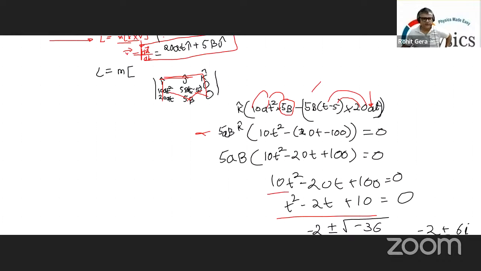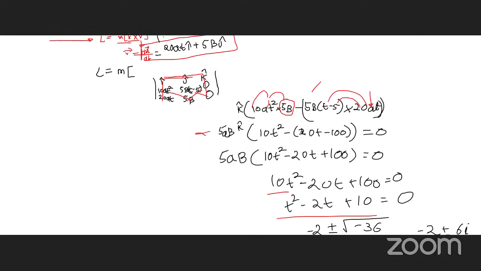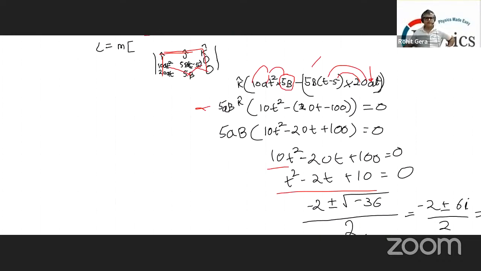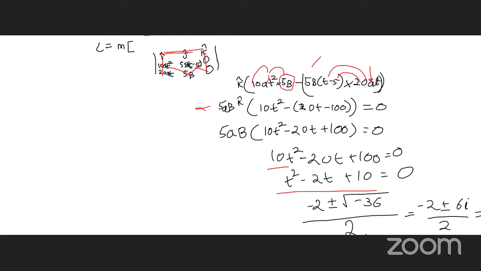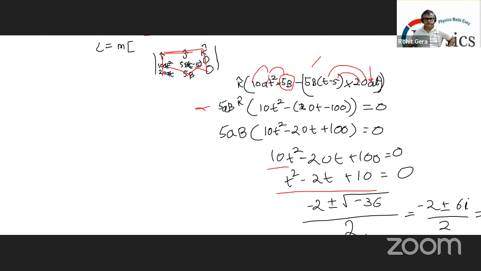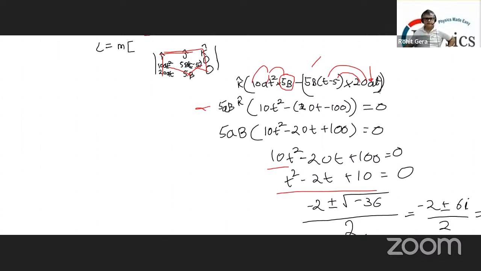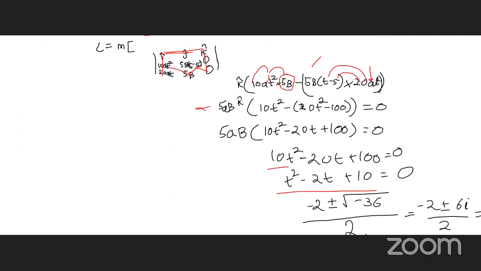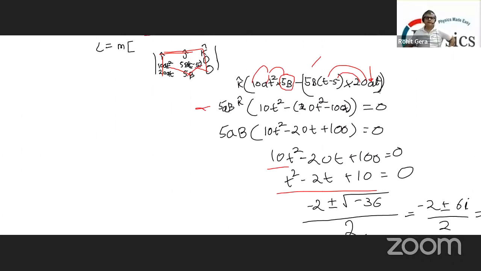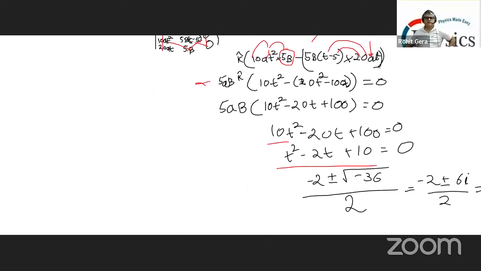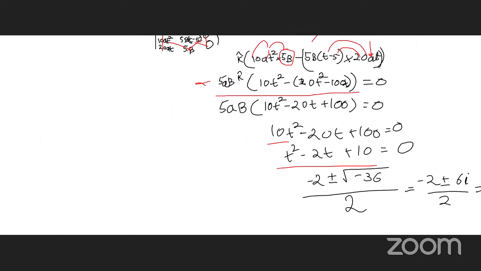Wait, something is wrong, there is a major blunder. Sir, we missed t. Where? Here I didn't write t. It should be 20 alpha t square and t. Now it is fine. Now it is done.